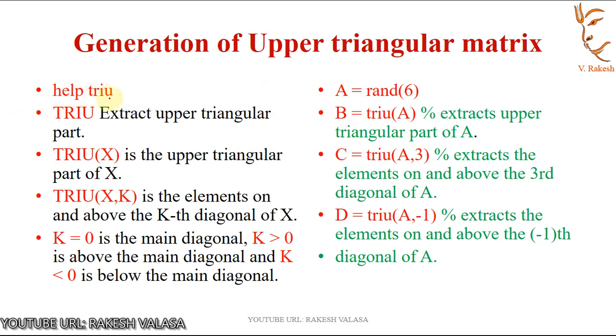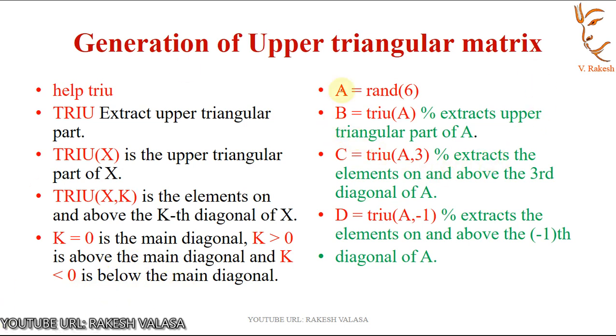That means upper triangular matrix. triu of X is the upper triangular part of X. triu of X comma K is the elements on and above the kth diagonal of X. For example, k equals 0 is the main diagonal, k greater than 0 is above the main diagonal, k less than 0 is below the main diagonal.